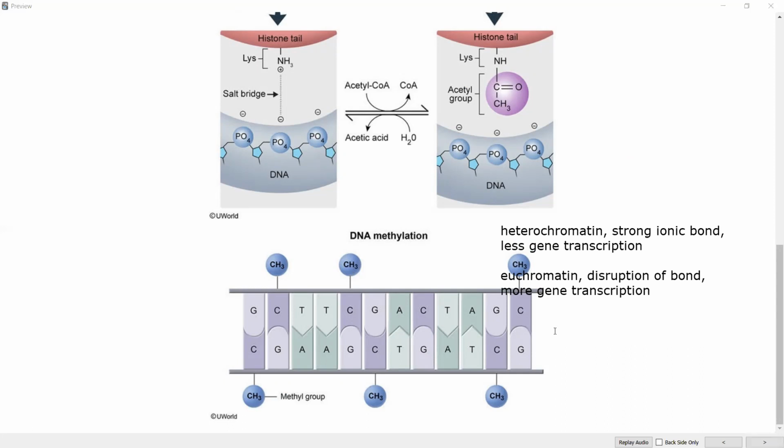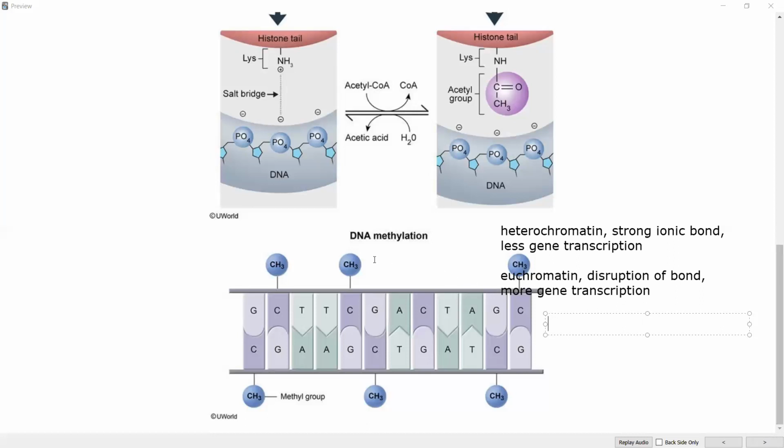A methyl group is not positively or negatively charged, but just by its existence, it has electrons. So it's slightly negative. This is a totally different concept from acetyls. I'm moving on to something slightly different.